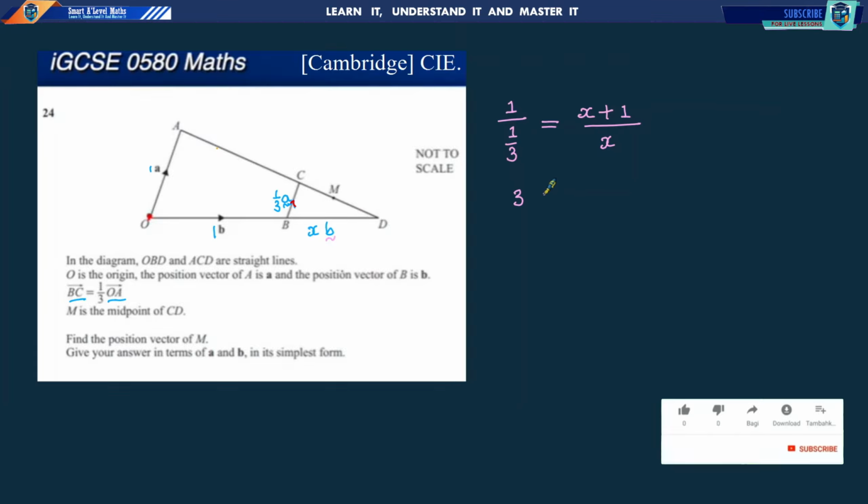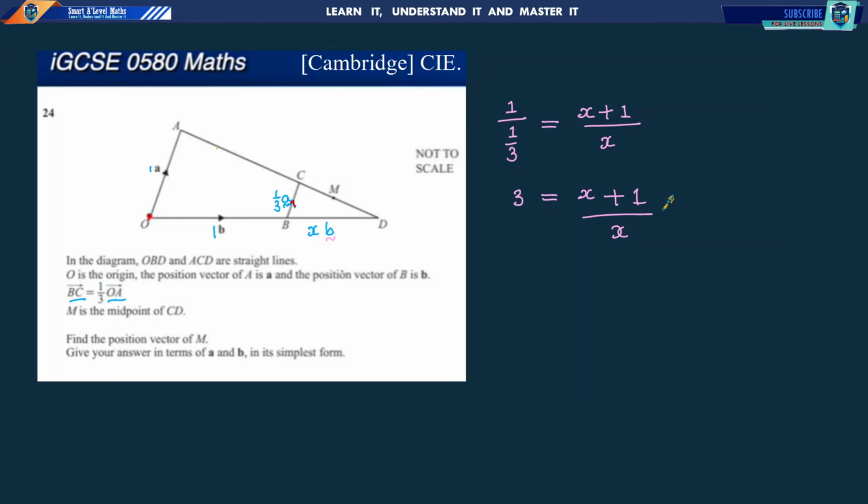Simplifying, we get 3 equals X plus 1 over X. Multiplying through by X, we have 3X equals X plus 1.